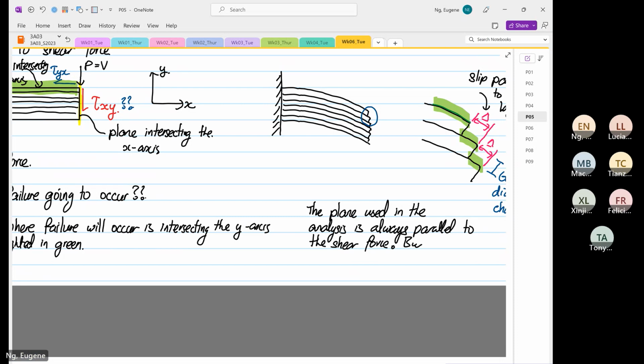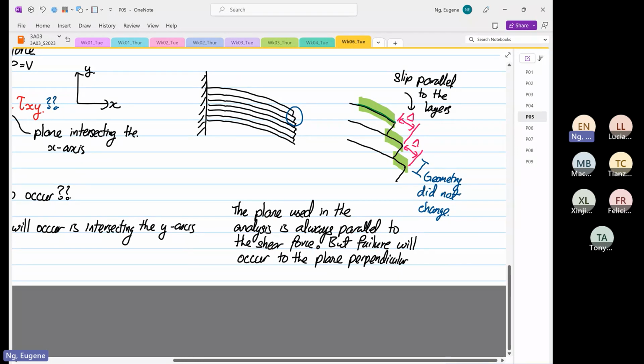But failure will occur to the plane perpendicular to the shear plane.